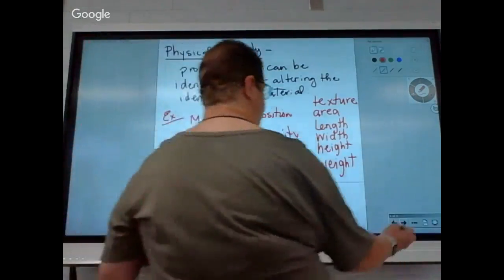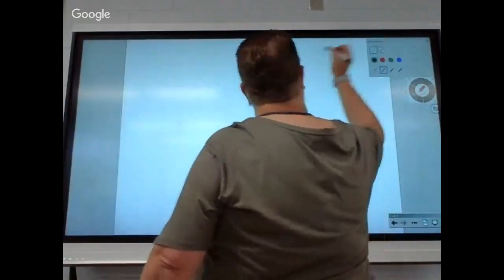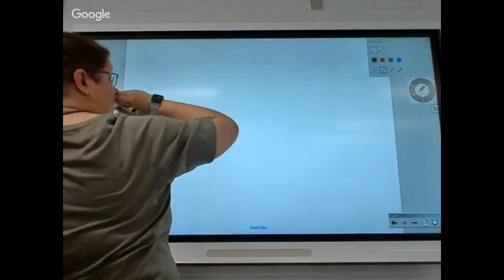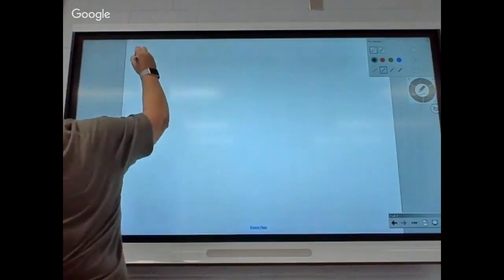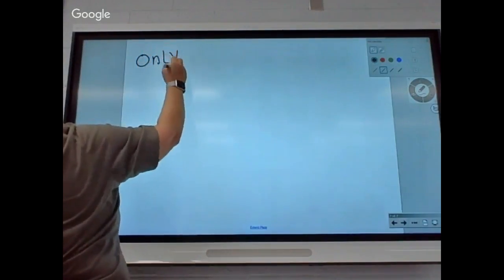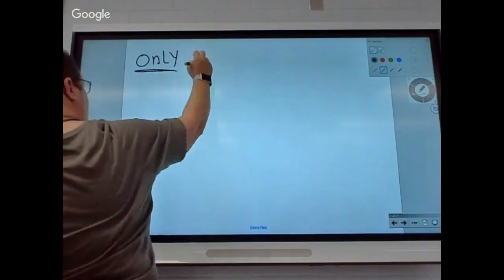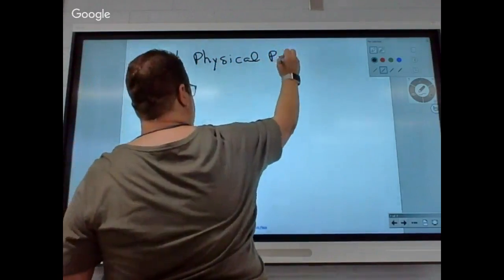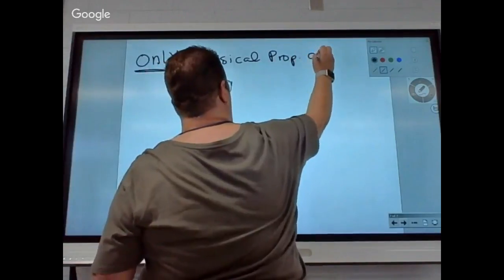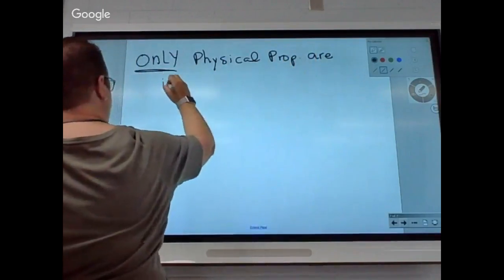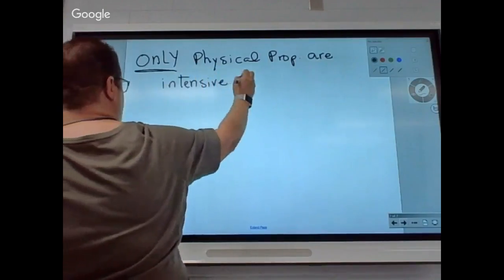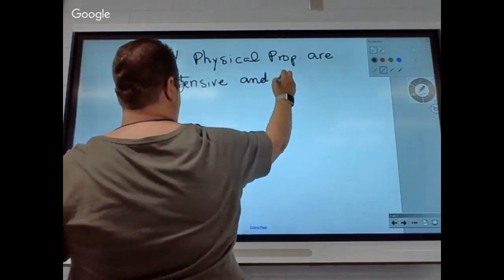Now, from there, during the lab, you're going to have to label these as intensive and extensive. Now, only physical properties are intensive and extensive.